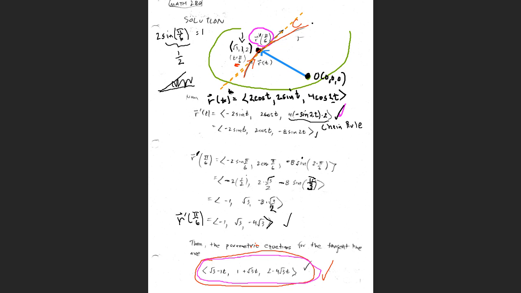We can take the parametric equations of our tangent line and the parametric equations of the space curve, and I actually wrote some code in MATLAB that will graph both the position vector r of t and the tangent line to the space curve when t equals pi over 6. Let me show you.